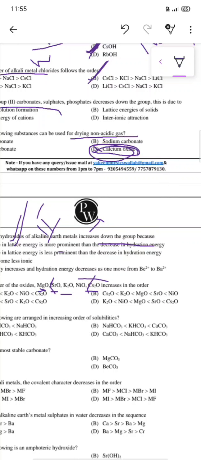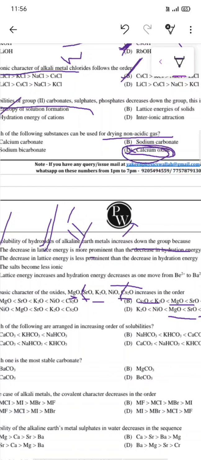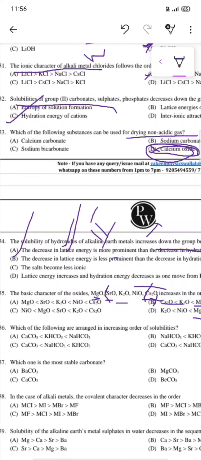Look at that option. SrO is greater than MgO, it is correct. And Cs is greater than K2O, so this is wrong. SrO is greater than MgO, this is correct, and Cs is okay. This may be the answer.